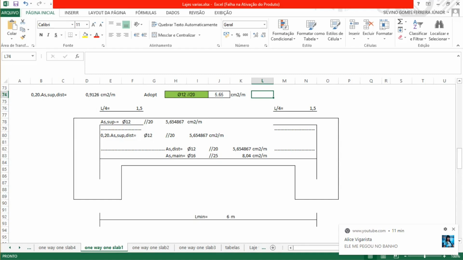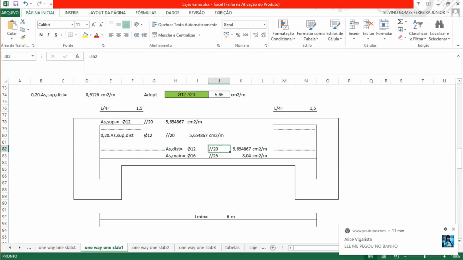In the bottom of the slab, along 6 meters, we have the main reinforcement that will be diameter of 16 spaced by 25. This is the quantity, the area of steel. And then for the main distribution bars will be diameter of 12 spaced by 20.